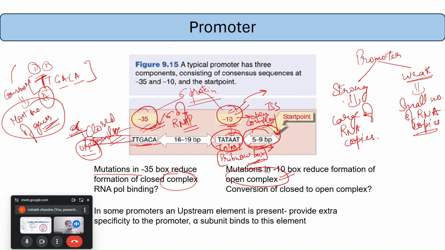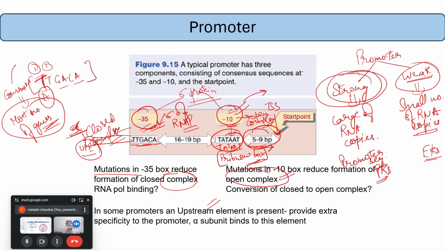This depends upon the promoter sequences, whether the promoter will be strong or weak. For prokaryotes, most of the promoters are strong. For eukaryotes, most of the promoters are weak. So this upstream element basically increases the strength of some of the promoters. Okay, so this is the thing.